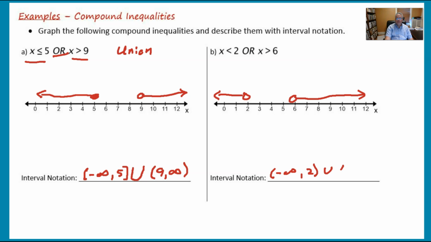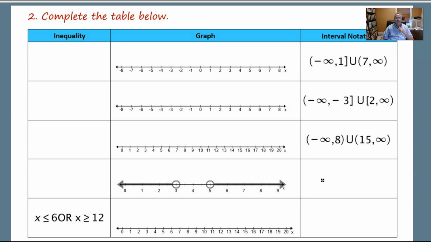Union, so we're putting that together with this interval, 6 to infinity. That's really the new step. Sometimes our graphs have pieces. How we put them together, how we express any value of x that belongs to either of them, we use the union symbol.